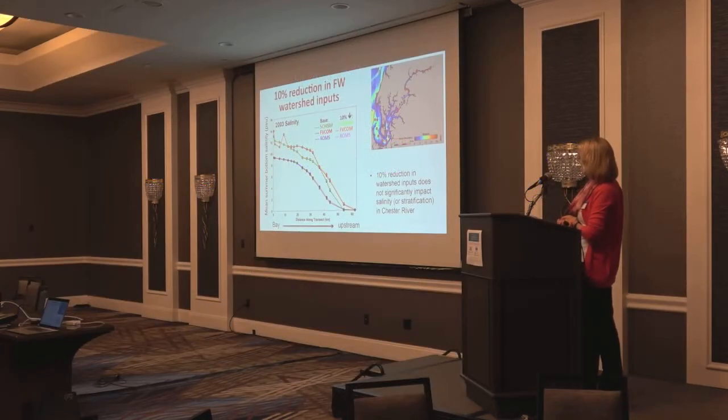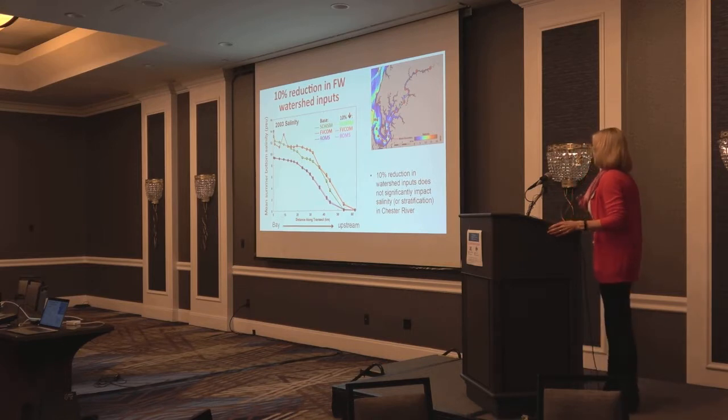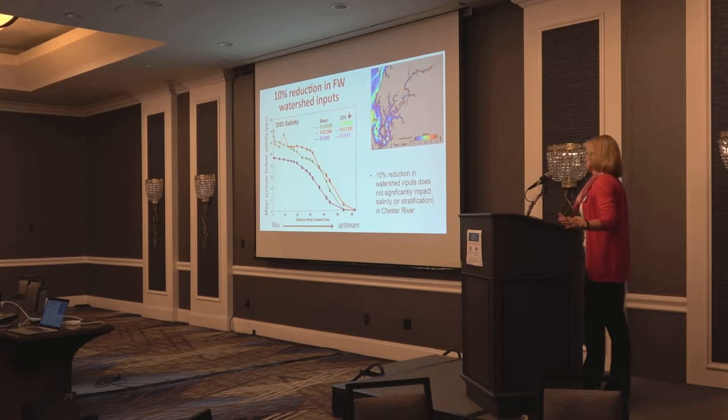The three dark lines represent the base case, and the three light lines represent the 10% reduction. I'm sure in the back of the room you can't see much of a difference. You can really only see three lines, and that's the point: reducing the freshwater input by 10% has no significant impact on salinity or stratification in the Chester River.